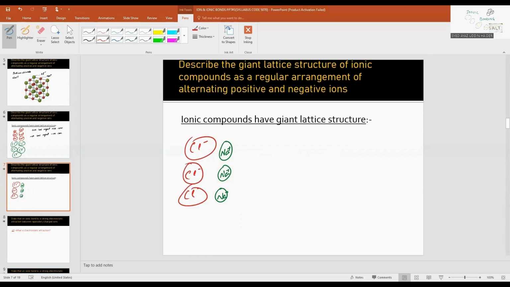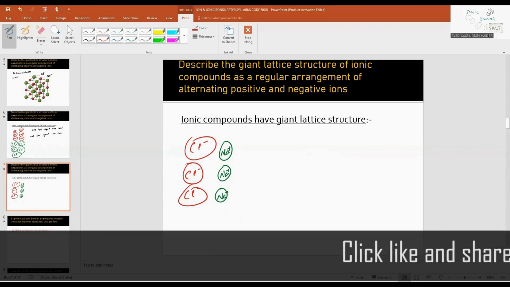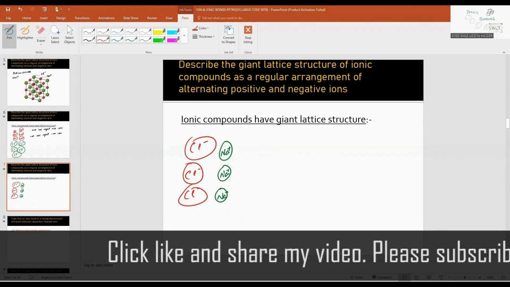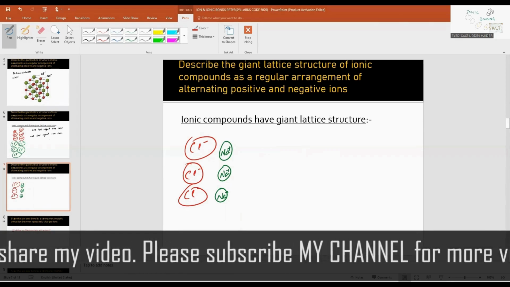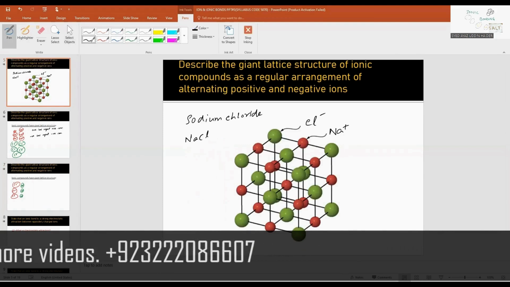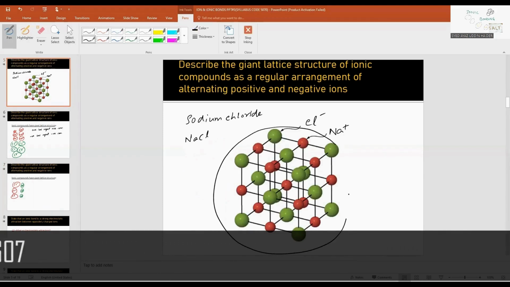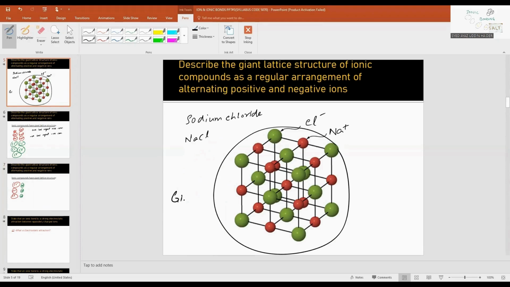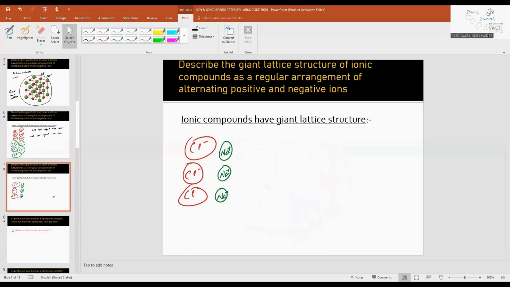And these oppositely charged ions rearrange themselves in the form of a giant ionic lattice. This is a giant ionic lattice. If you want, you can draw it like this.